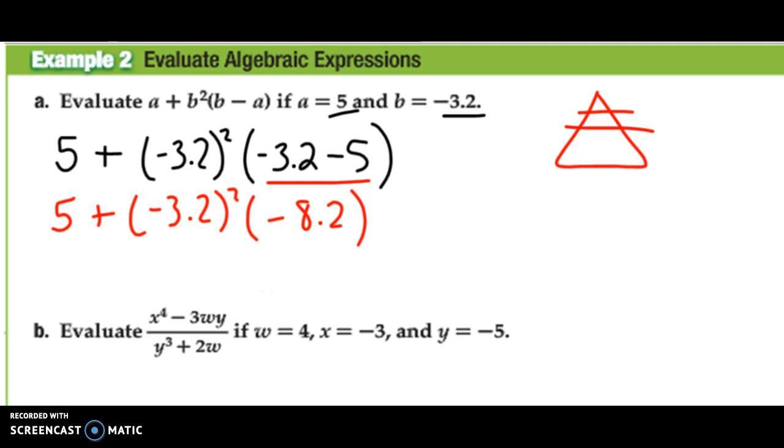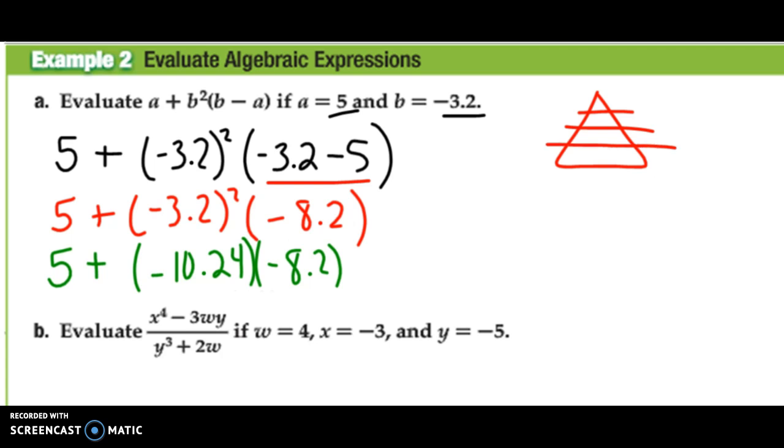So I square that amount, and I get 5 plus, and I went to a calculator, and negative 3.2 squared is actually going to be 10.24. And then the next set of parentheses remains the same, negative 8.2. Now I go to the next layer, multiplication, division. So that is going to be these parentheses right here. I have to multiply them together.